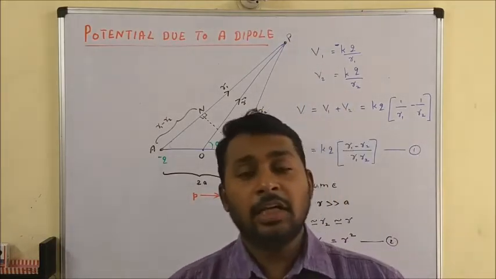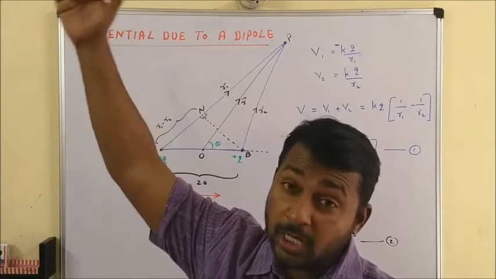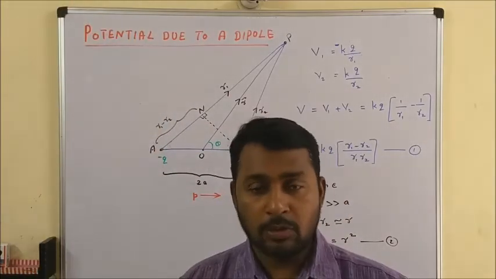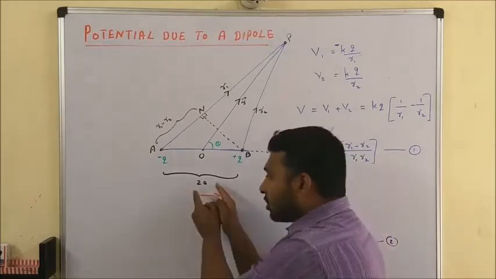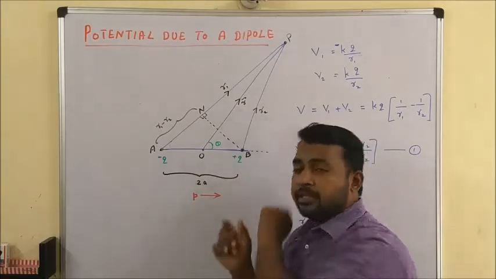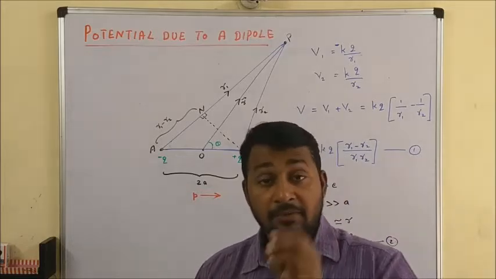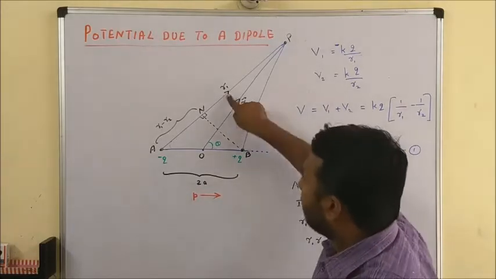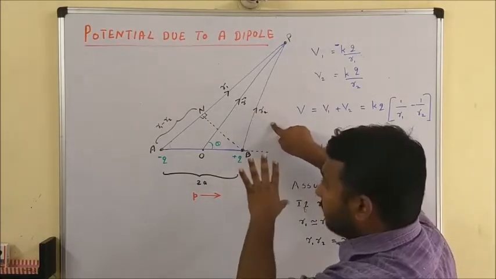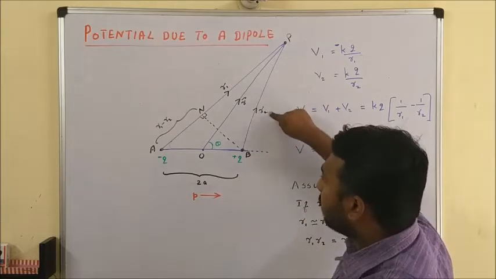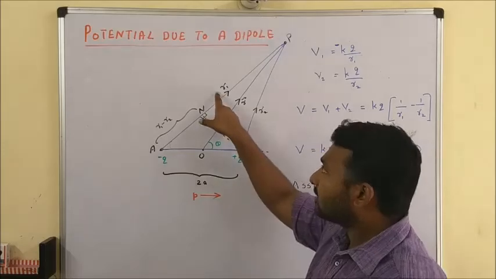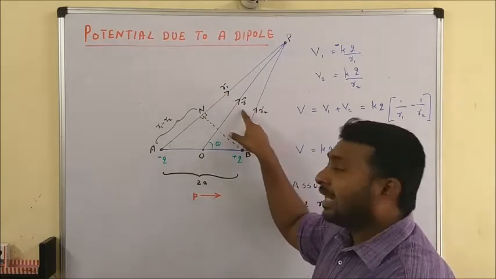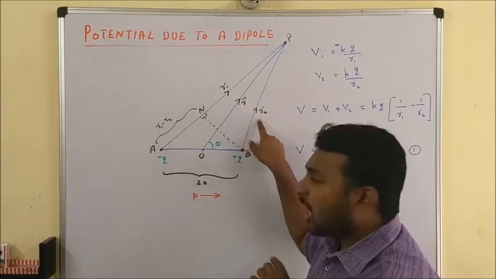Remember, this infinity doesn't mean it is very far from the dipole. It means that with respect to the distance a, r is very large. Look at these distances r1, r2 and r. They are different: r1 is the longest, then comes r, and finally r2 is the shortest.